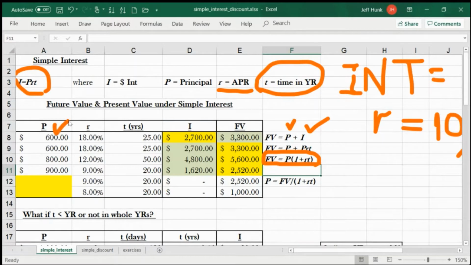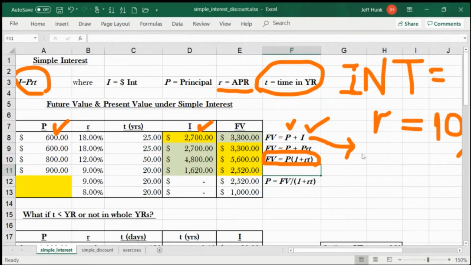Or if you find the future value first, then you can find the interest later by subtracting the principal from the future value, because that's the definition of future value, principal plus interest.